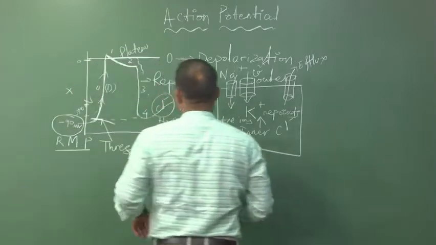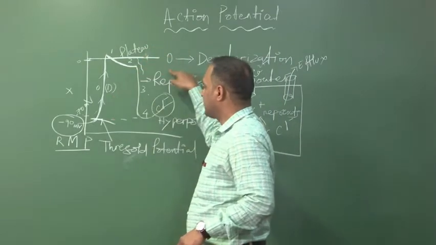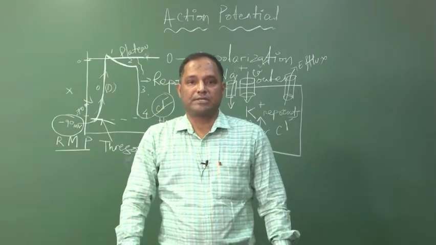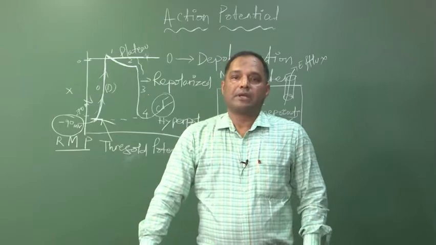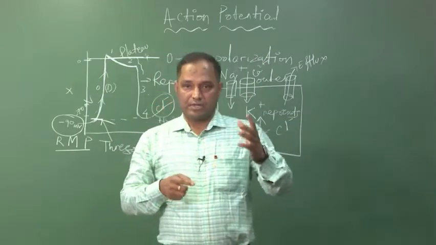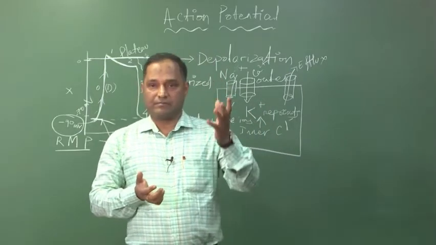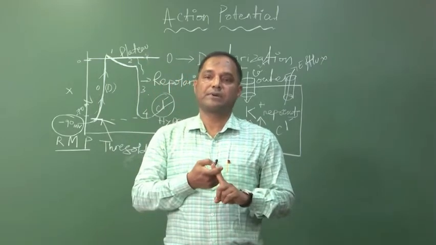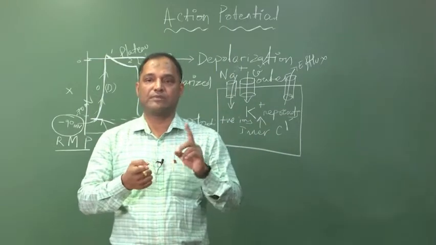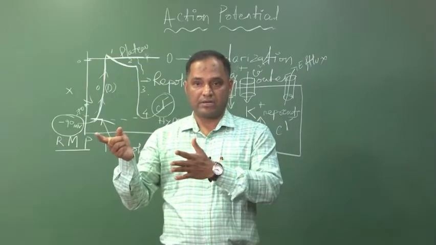So depolarization, plateau, repolarization, hyperpolarization, these are the phases of action potentials. From this, we can see how the cells are getting mobilized into the different stages, where the voltage gated cations and anions have the role to mobilize things in order or disorder.